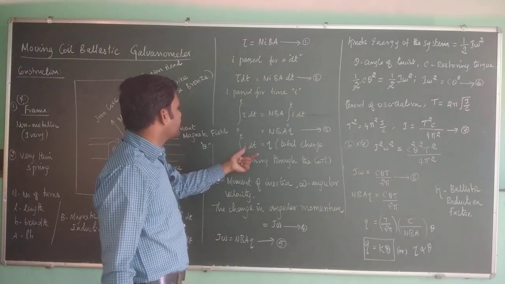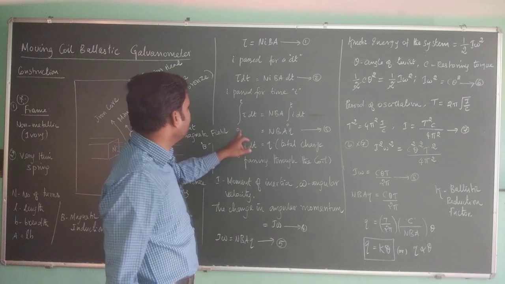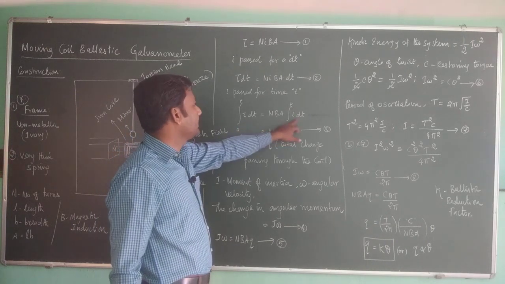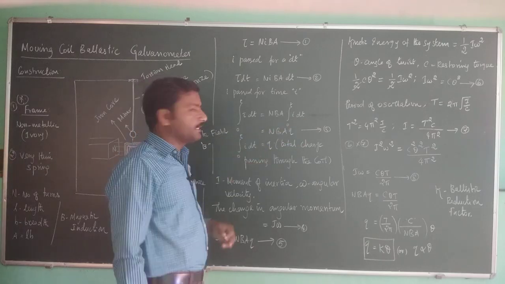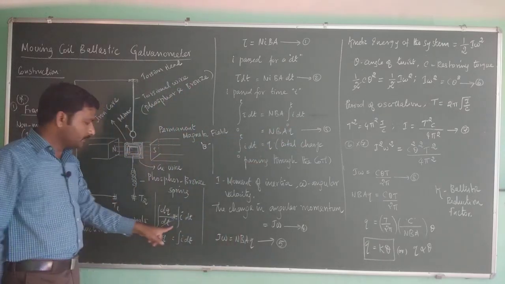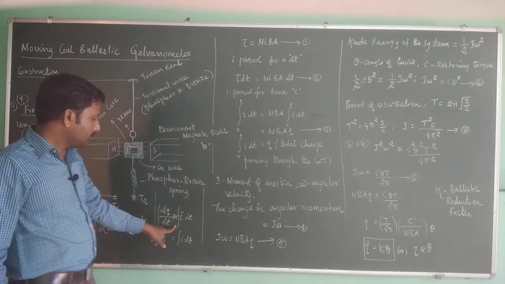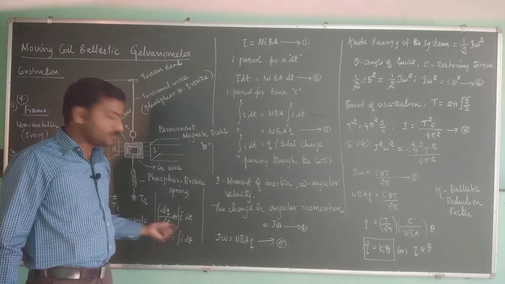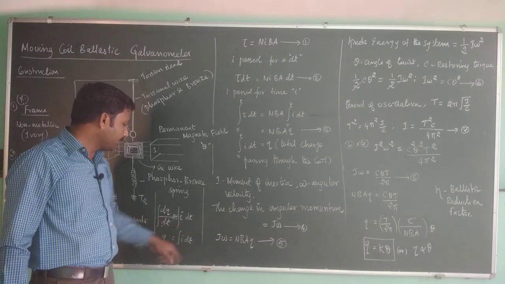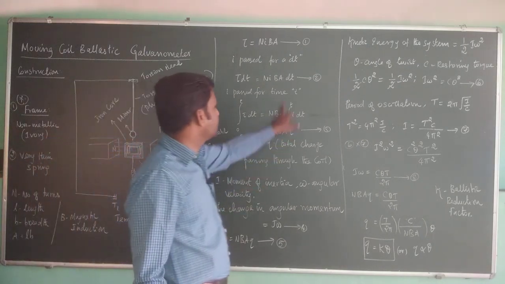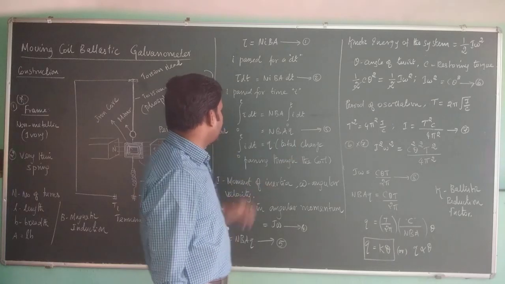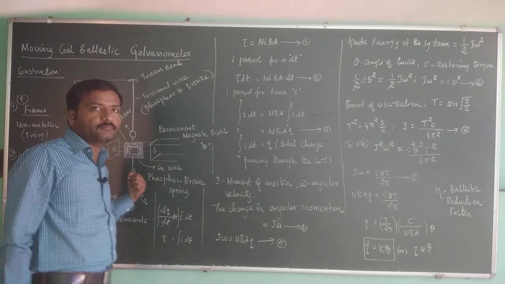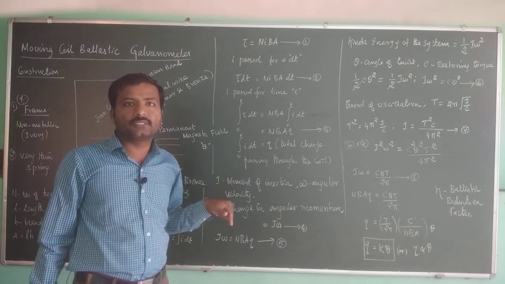The right side has the term integral of I dt from 0 to t. The rate of change of charge is nothing but I, so the integral of I dt is nothing but q. We can replace this term with q.